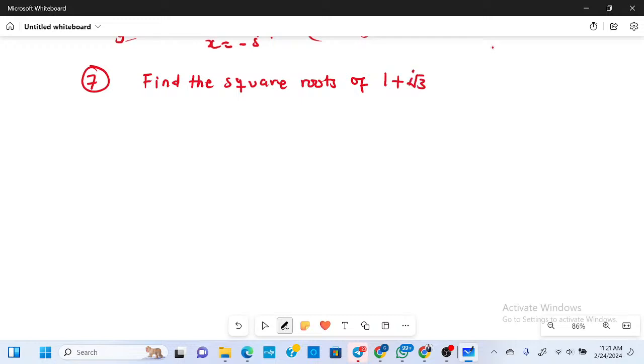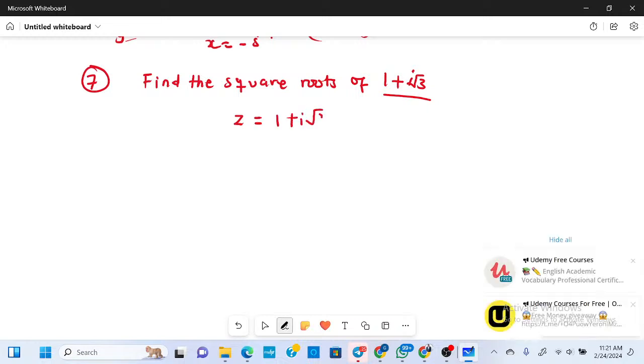So you have to find the square root of this complex number. Whenever you are given this type of question, we have different ways of doing that. But you have to take the approach that will be very simple and friendly to you. So you can represent this complex number here as z is equal to 1 plus i square root of 3.